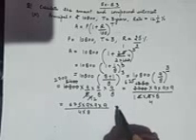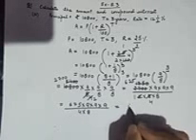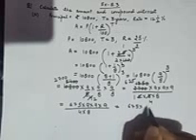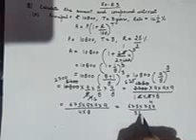Okay, so it will be like 675 into 729 upon 32. So whenever I am multiplying both these terms, I will be getting 492075 here, and I have to divide it by 32.